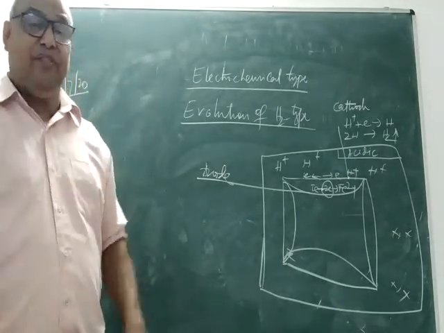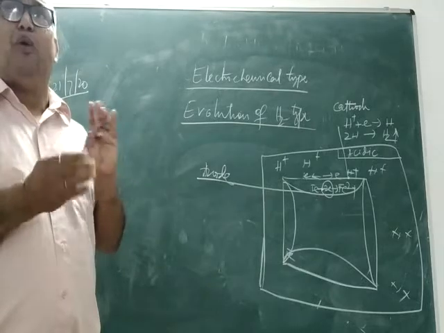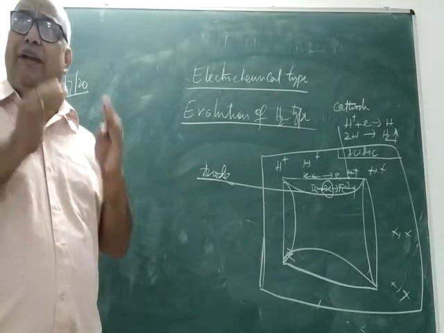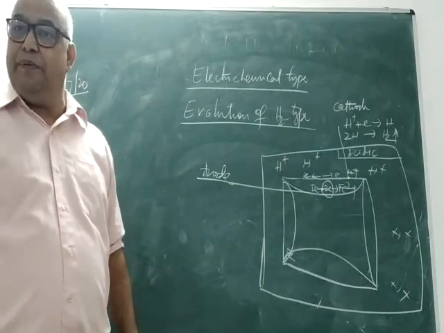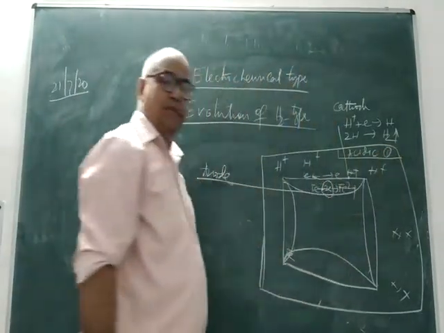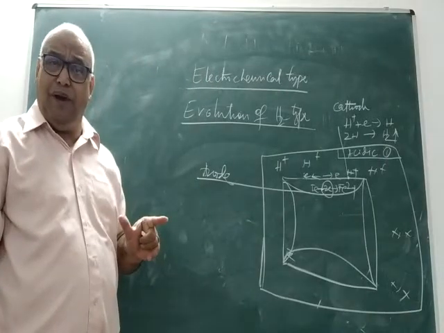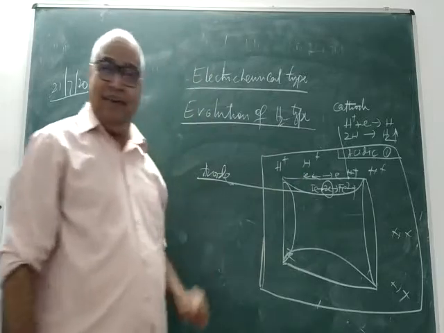But the most important thing I would like to tell you, there are 5 important points you have to keep in your mind while discussing this mechanism. Number 1, your environment is acidic. It is very, very important. Without writing this, you cannot show the diagram like that.